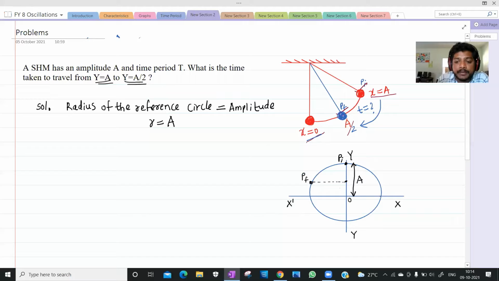This is P initial, this is P final. What is this distance from here to here? The distance will be A by 2. What they are asking is how much time is taken for the particle to travel from P initial to P final. This is the question.